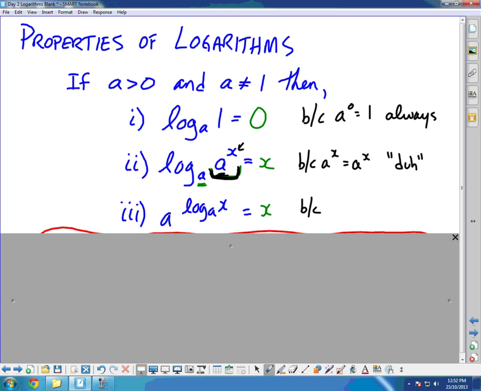So let's write this out. This here is actually an exponent. Even though it's got a log in it, it's an exponent. Let's write it as a logarithm though. Well, log, what's the base of this exponent? Well, it's right there. So I can put the a there.